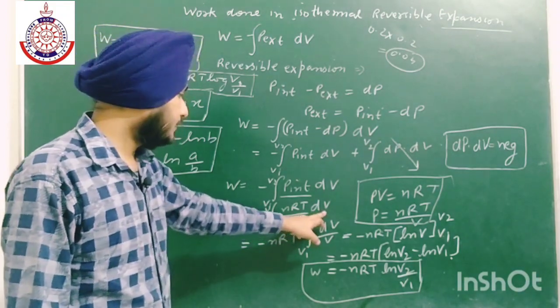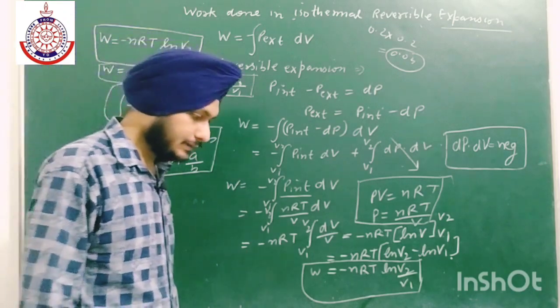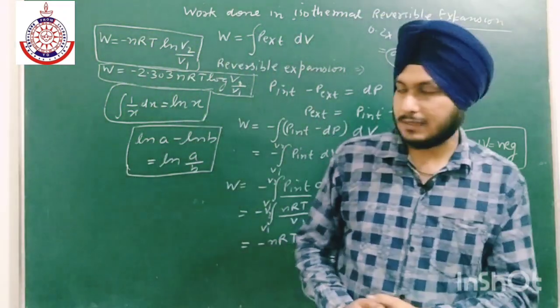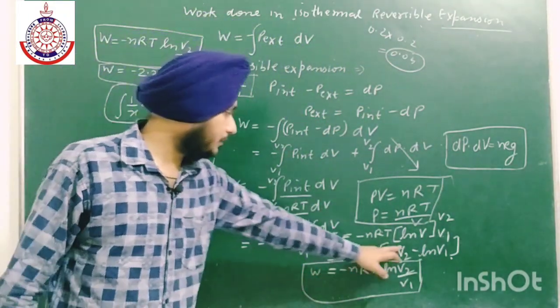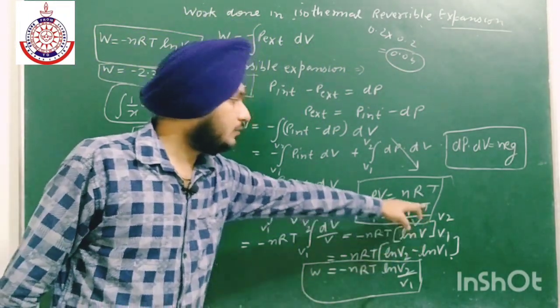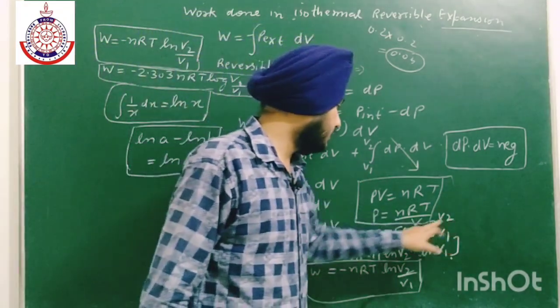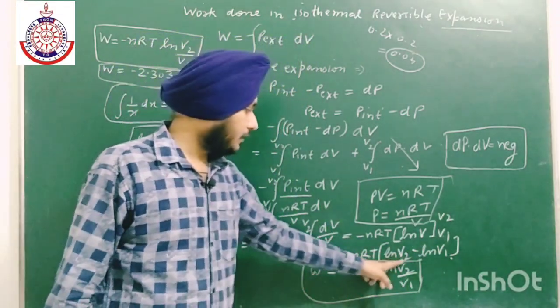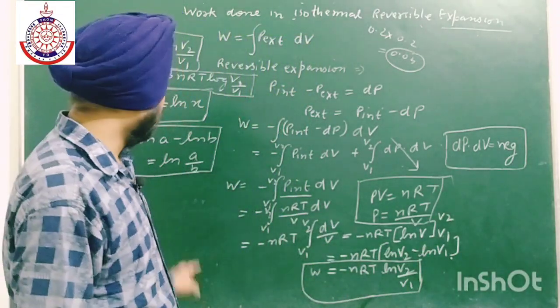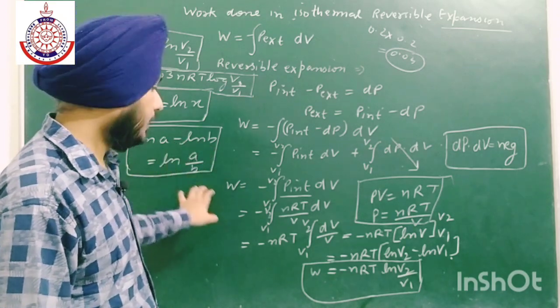Then the integration of dV by V, and we all know that the integration of 1 by x dx is natural log x. Then we just have to integrate it from V1 to V2, the initial volume to final volume, and just put the value of final minus initial, and we will get ln V2 minus ln V1, and the formula for natural log A minus natural log B is natural log A by B.